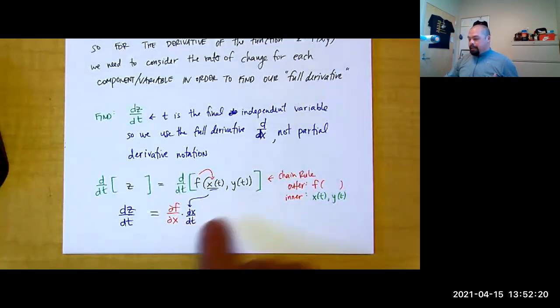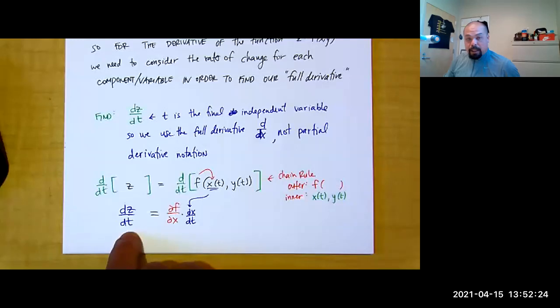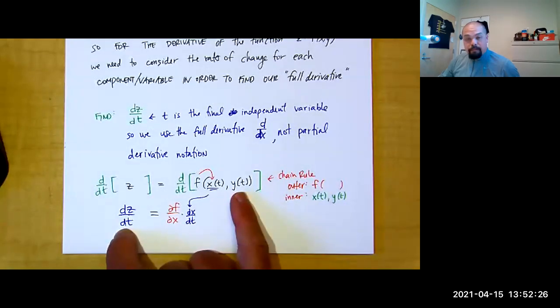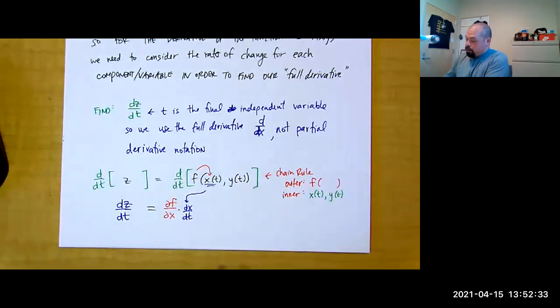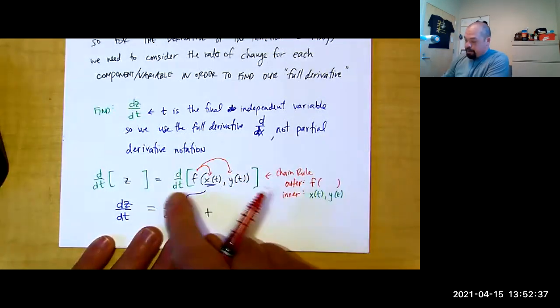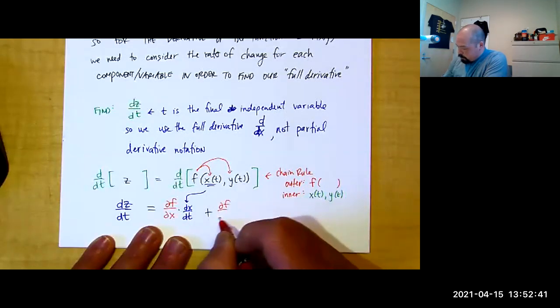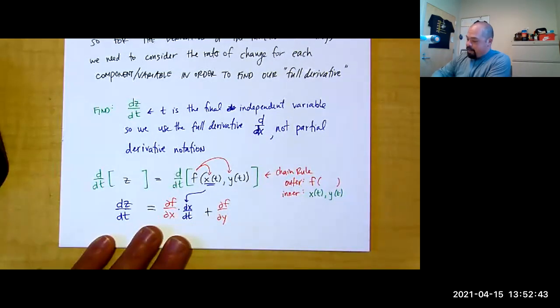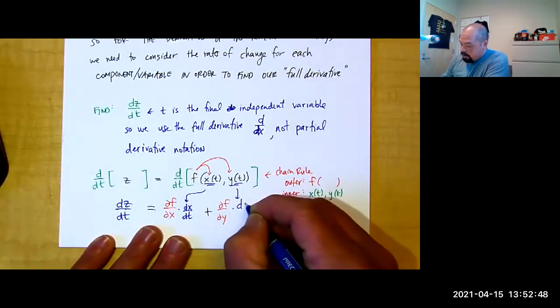And then because there's dependence on t over here, since that's where I'm taking the derivative with respect to t, I want to see where all of those t's show up. It showed up in the x, but it also showed up in the y. So I have to also include the derivative of f with respect to y, that partial, and then since y depends on t, only t, dy dt.